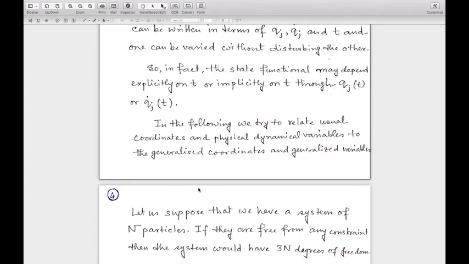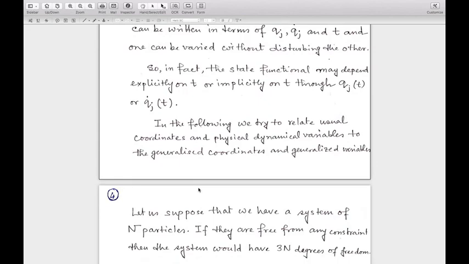Let me, for clarification, give you one example. Let's say that you have a potential. You all know about potential, right? In general, unless there is some dissipation type of mechanism, or some very special potential, and we will do at least one of them, potentials are purely functions of position coordinates, or rather generalized coordinates.